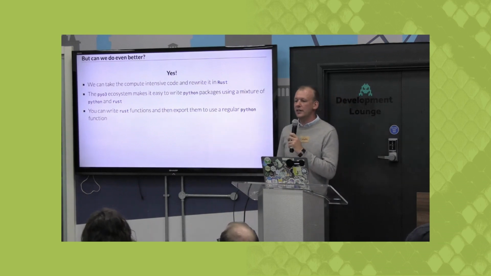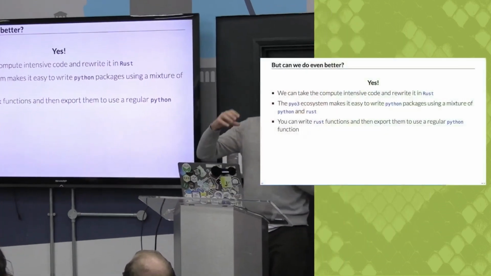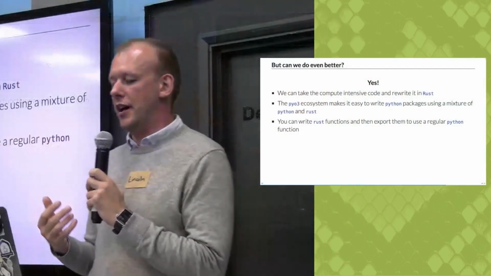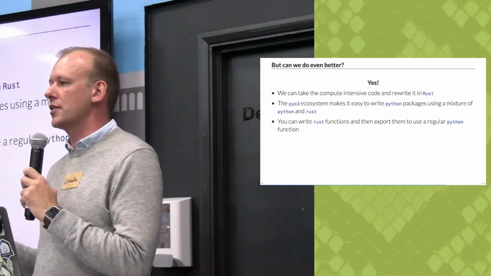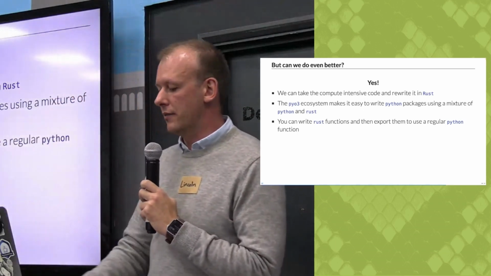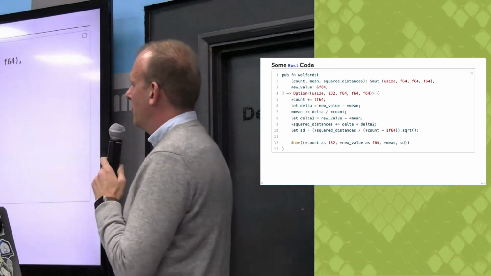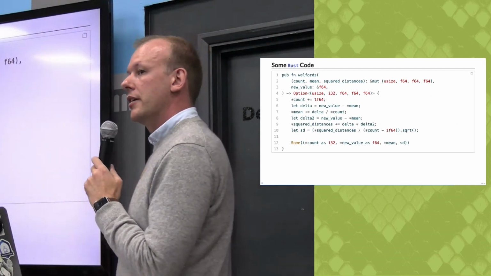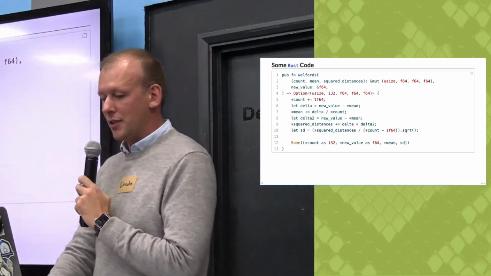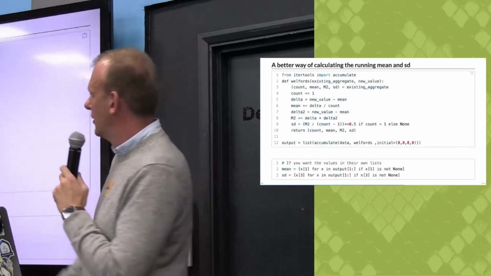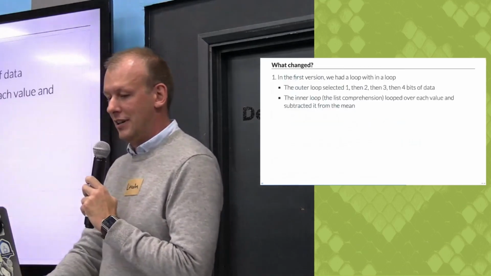The PyO3 ecosystem makes it really easy to write Python packages that mix Python and Rust. You can write Rust functions that you can export and just import straight into Python and call like regular Python functions. So this is what the code would look like in Rust for Welford's algorithm. And if I jump back to the Python version, so that's the Python version.